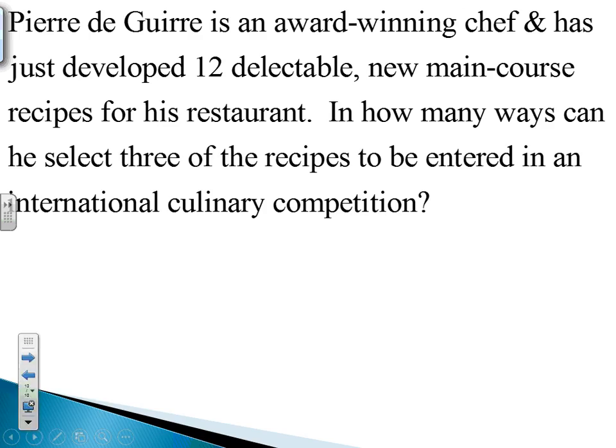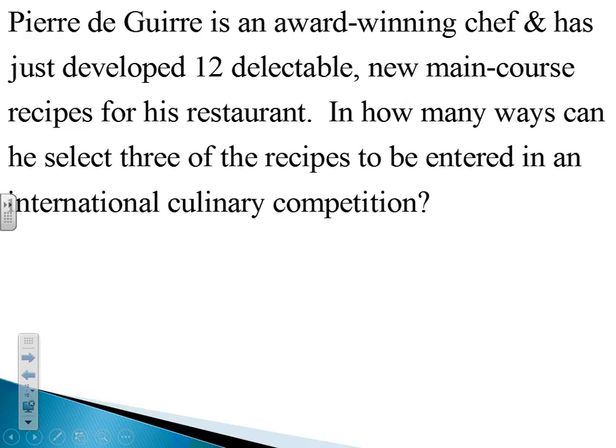And a final example as far as how combinations go. Some fancy French chef, Pierre de Guire, I don't know how you say that in French, an award-winning chef, has developed 12 delectable main course recipes for his restaurant.